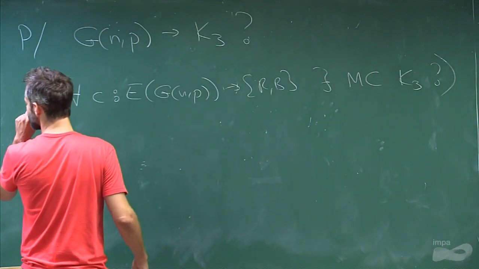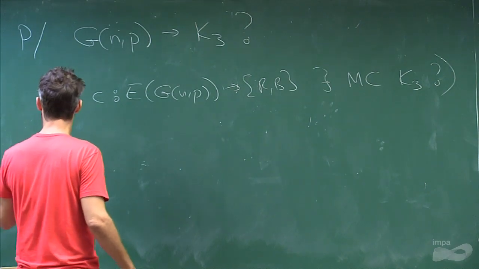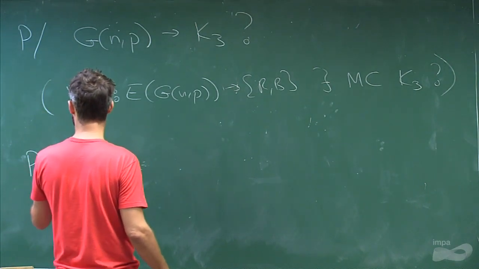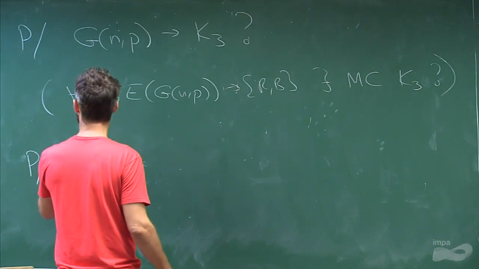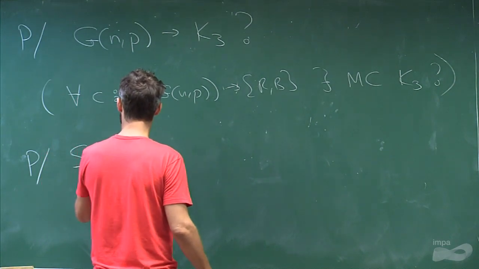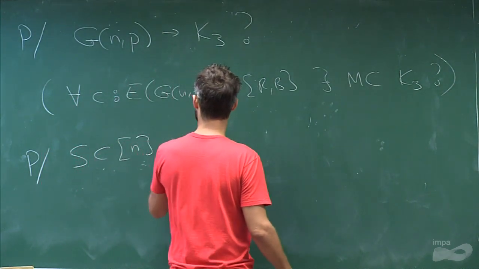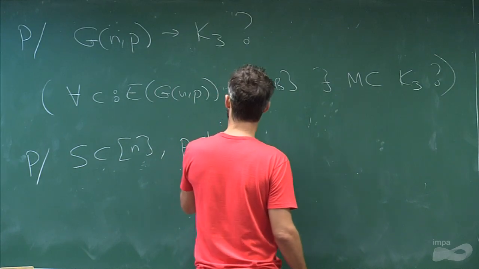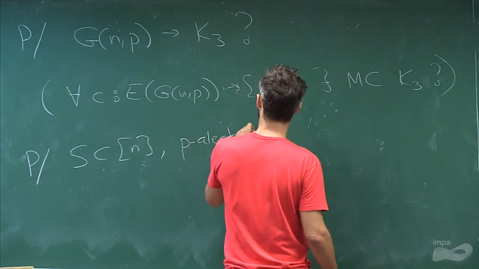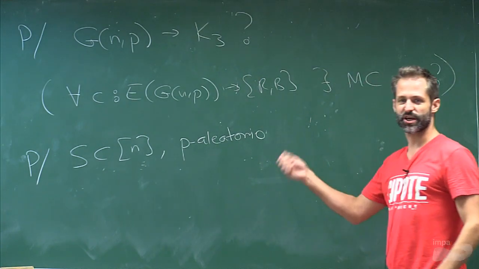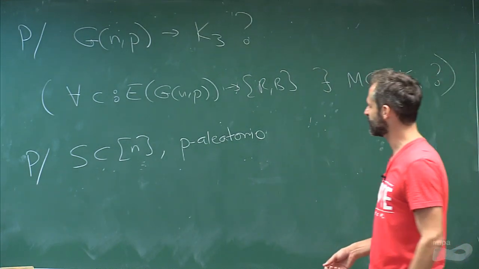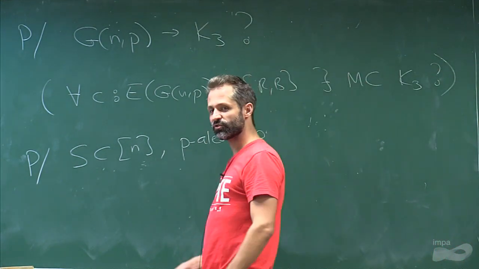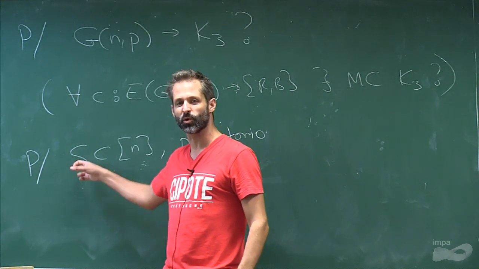So, problem: if S is a subset of 1 up to n that is p-random, so you choose each element independently at random with probability p, is it true that Roth's theorem holds in S?